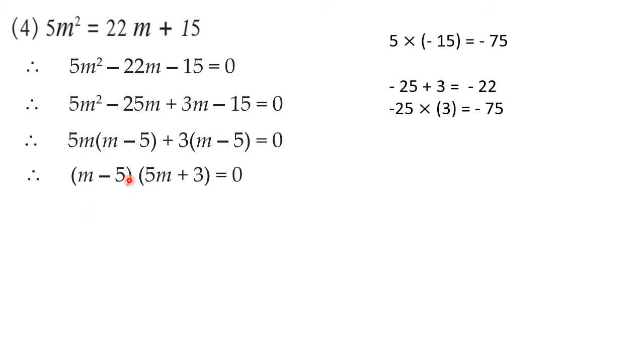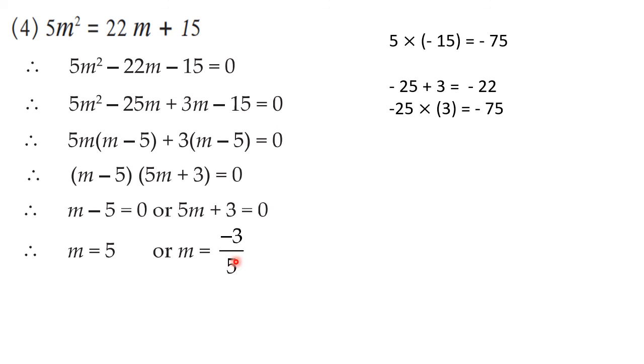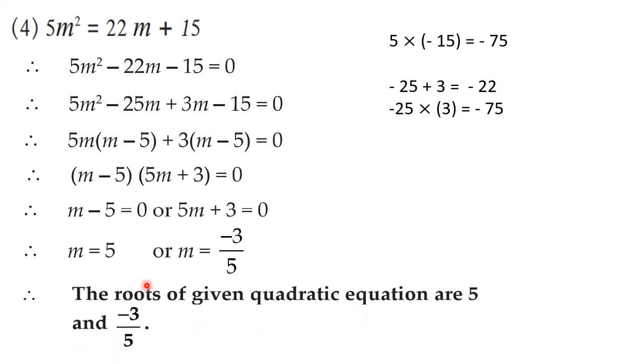Then we have to go for either or, that either m minus 5 is 0 or 5m plus 3 is equal to 0. So from this we will get the answers as m is equal to plus 5, and here m is equal to minus 3 upon 5, correct? Because 5m is minus 3 and then m is equal to minus 3 upon 5. So in this way, roots of this equation are 5 and minus 3 upon 5.